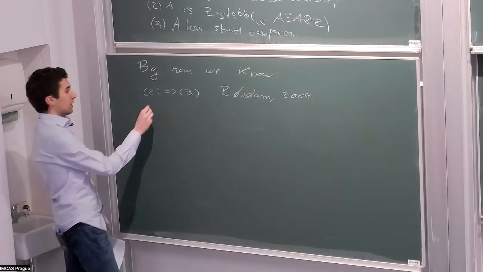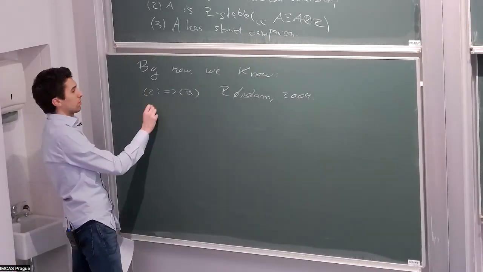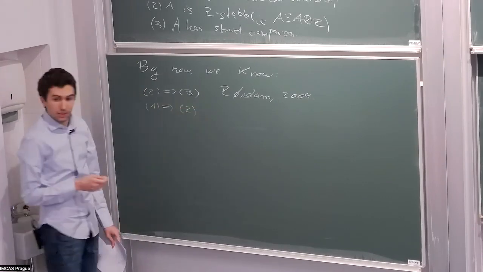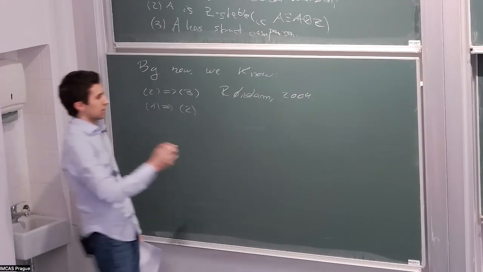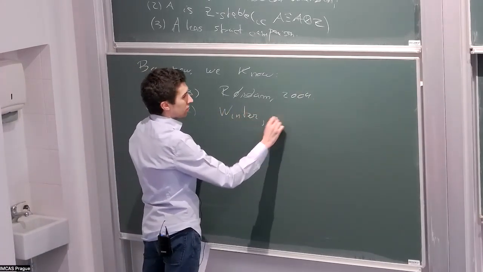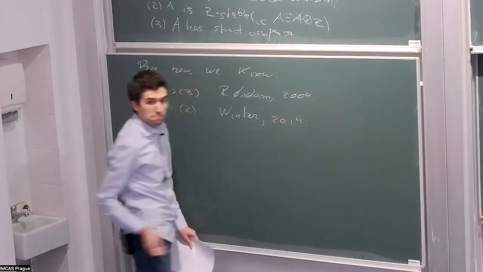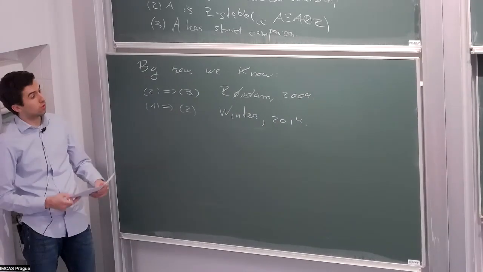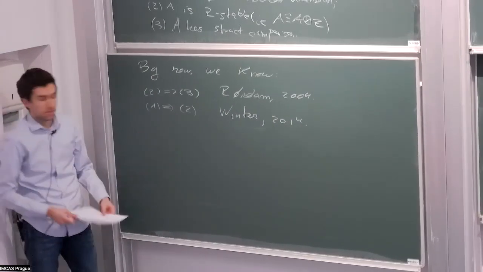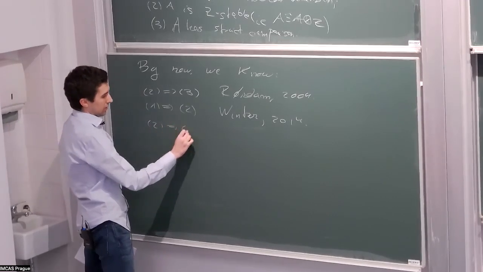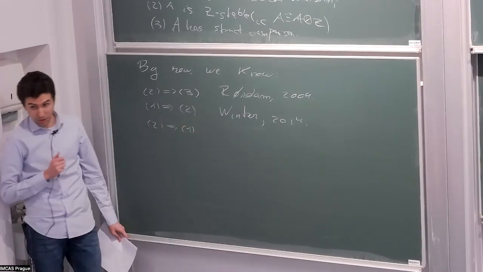The second thing that we knew was that 1 implies 2, that finite nuclear dimension implies Z-stability. And this is a result by Winter from 2014. And not only do we know this, but we actually know that 1 and 2 are the same. So it's also known that Z-stability implies finite nuclear dimension.